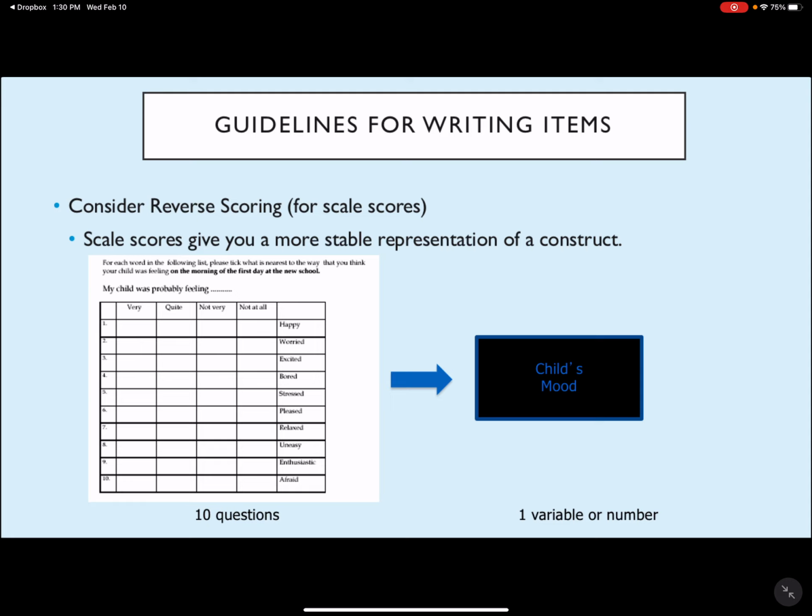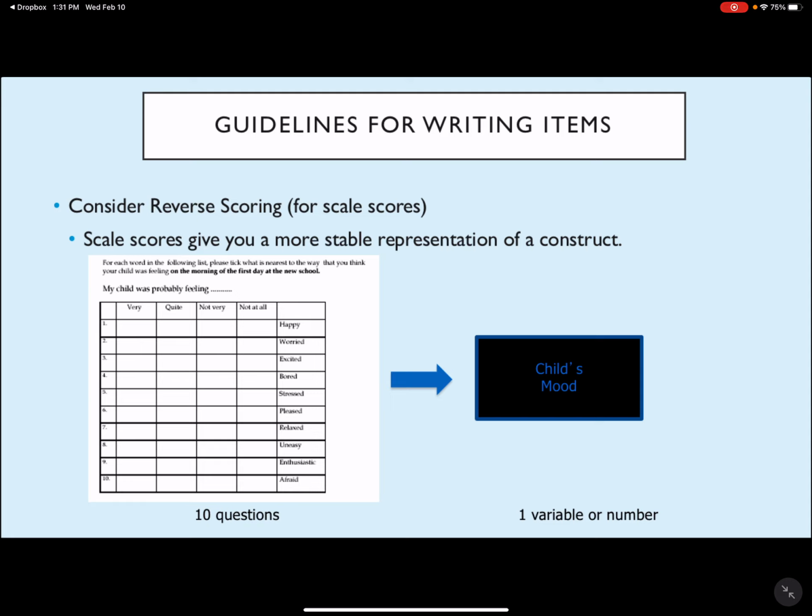It does a couple of things. It gives you more variability in your variable, which we've already talked about is good. And it also lets you describe things a lot better. You can just use one number to represent the child's mood.